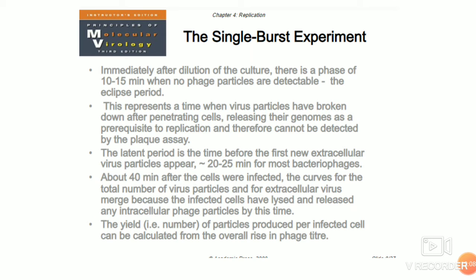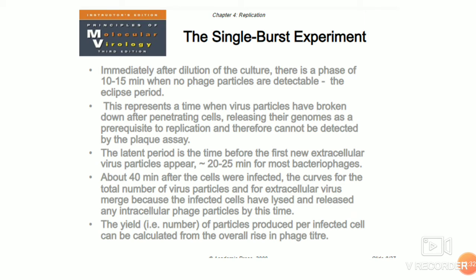Immediately after dilution of the culture, there is a phase of 10 to 15 minutes when no phage particles are detectable, that is the eclipse phase. This represents a time when virus particles have broken down after penetrating cells, releasing their genome as a prerequisite to replication, and therefore cannot be detected by plaque assay.